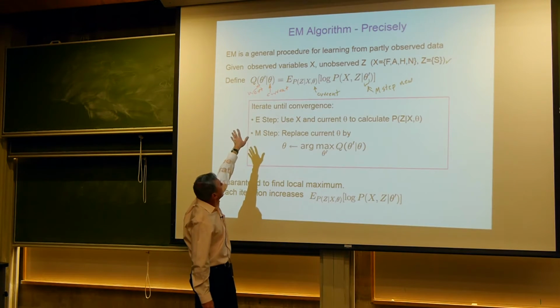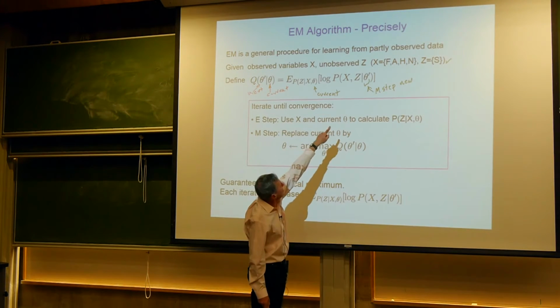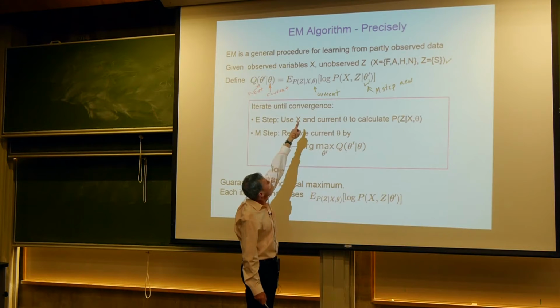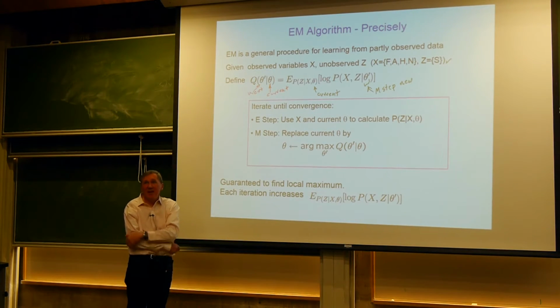I'm sorry. Q of theta prime is just the function that gives me this quantity as a function of theta prime, where my theta is held fixed. So you think of Q as a function of theta prime, given the parameter theta.